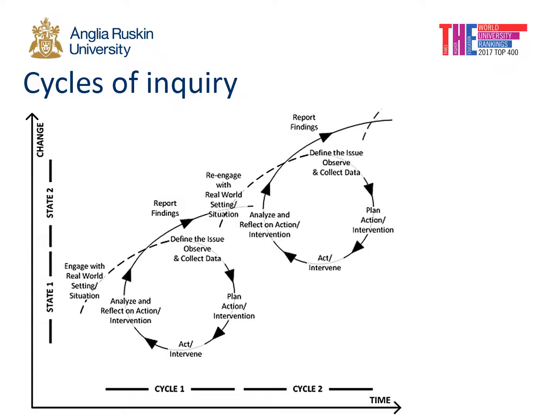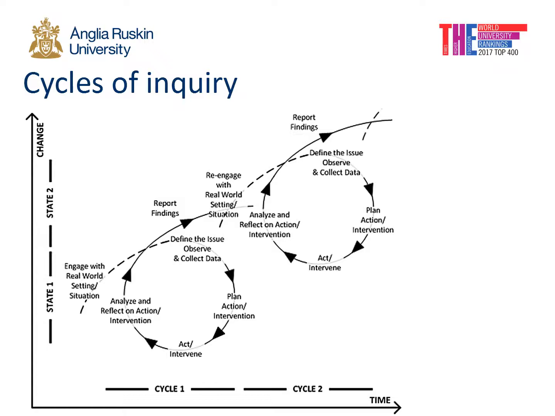So in terms of action research, in terms of the process of deliberate action and reflection, it is an iterative process where there are cycles of inquiry. So we start first off with defining the issue and observing and collecting the data. We plan the intervention or the action.